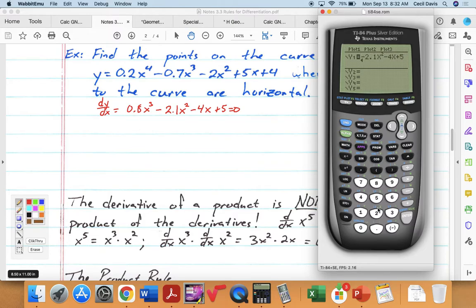Before we even graph this, what is the most number of zeros that this function can have? It's a cubic function. Therefore, it can have at most 3 solutions. What is the least number that it can have?